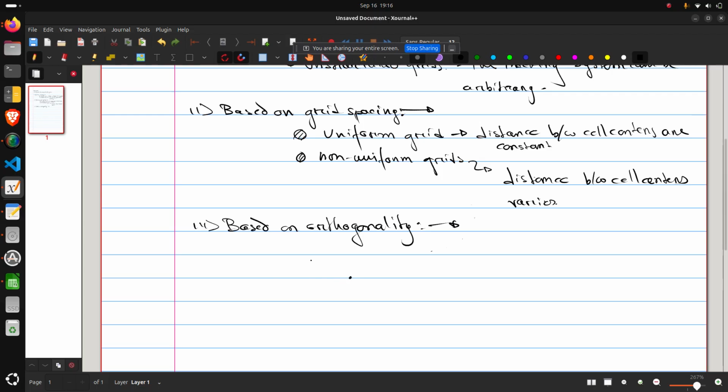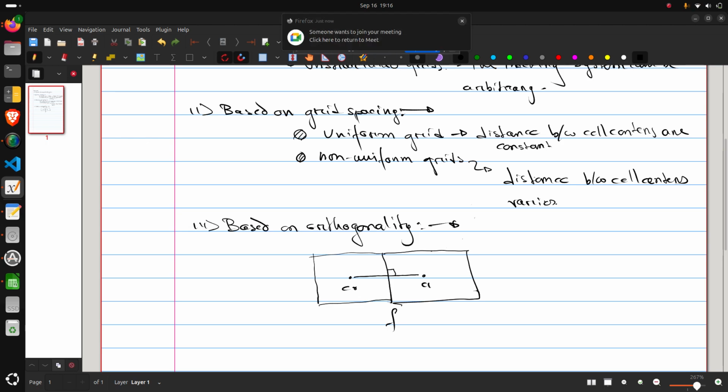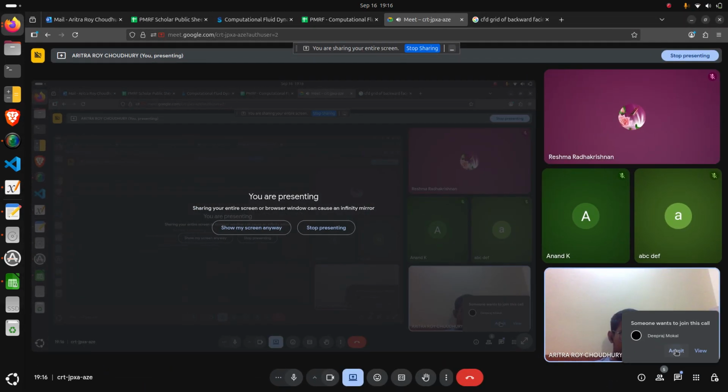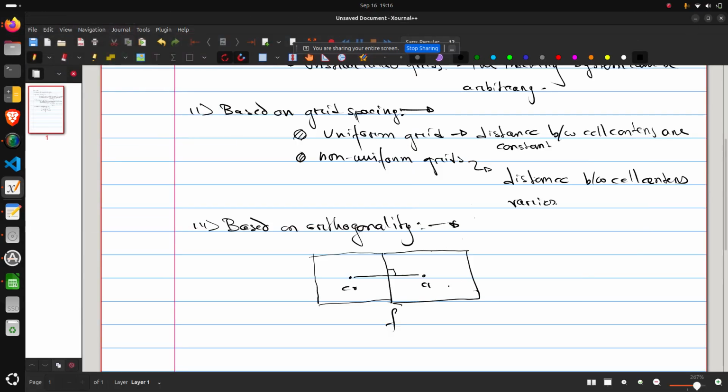It means that if you have two computational cells which share a face f, and there is a line joining the two cell centers, C0 and C1, and if the line joining the two cell centers is perpendicular to the face, then we classify it as an orthogonal mesh.